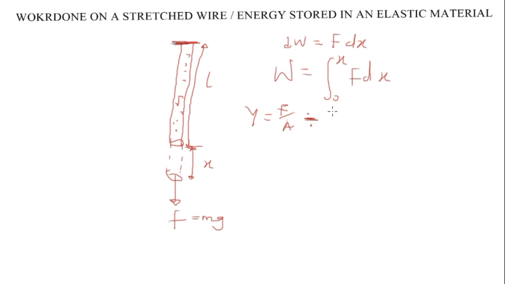The change in this case is x, and the original length is L. So as a result, we have the force upon the area multiplied by the length upon the x. That is, by removing the division, so I now have multiplication. What I want to do is make F the subject of the formula. So in this case, I will have the Young modulus, A x all over L, which is equal to F.